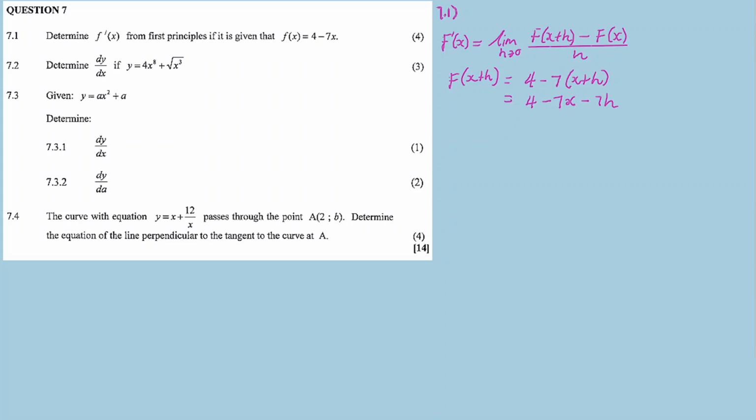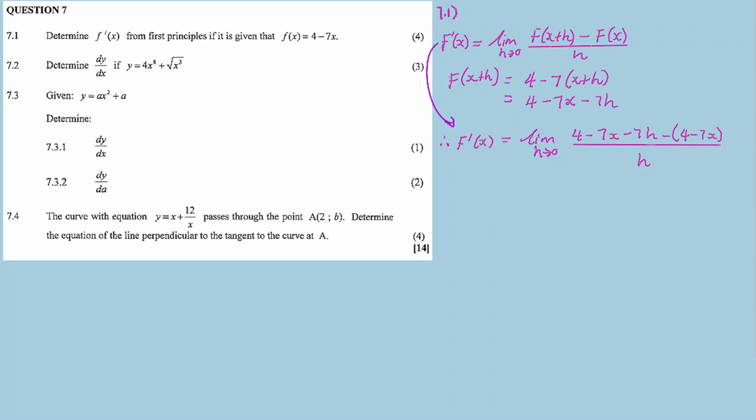Now we are back to the first principle equation: f prime of x is equal to the limit of h approaching 0, and where there's f of x plus h, I put 4 minus 7x minus 7h, minus f of x. The f of x is 4 minus 7x, everything divided by h.